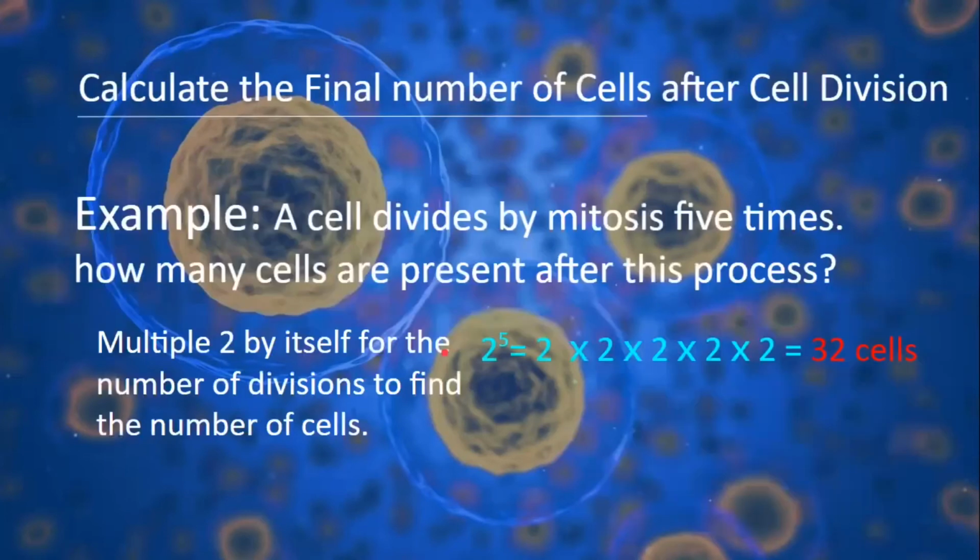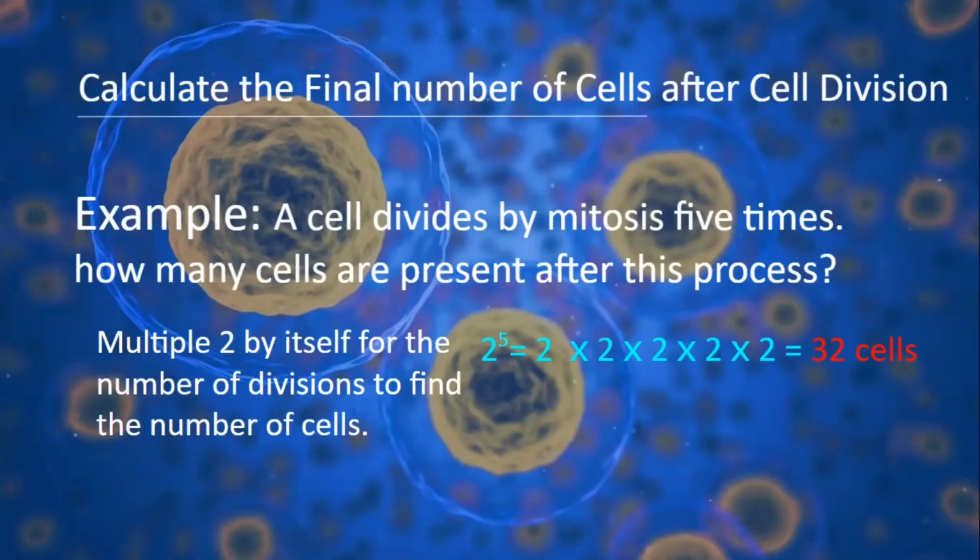Now, sometimes in the exam they ask you to calculate the final number of cells after a set amount of cell divisions. You can calculate the number of cells that will be after multiple divisions of a cell by mitosis. The formula you need is number of cells is equal to 2 to the power of n, where n is the number of divisions by mitosis.